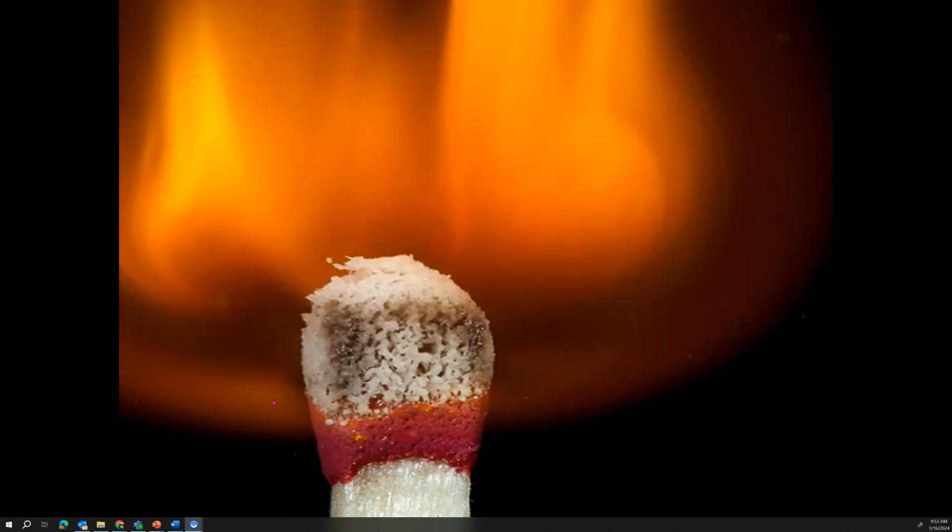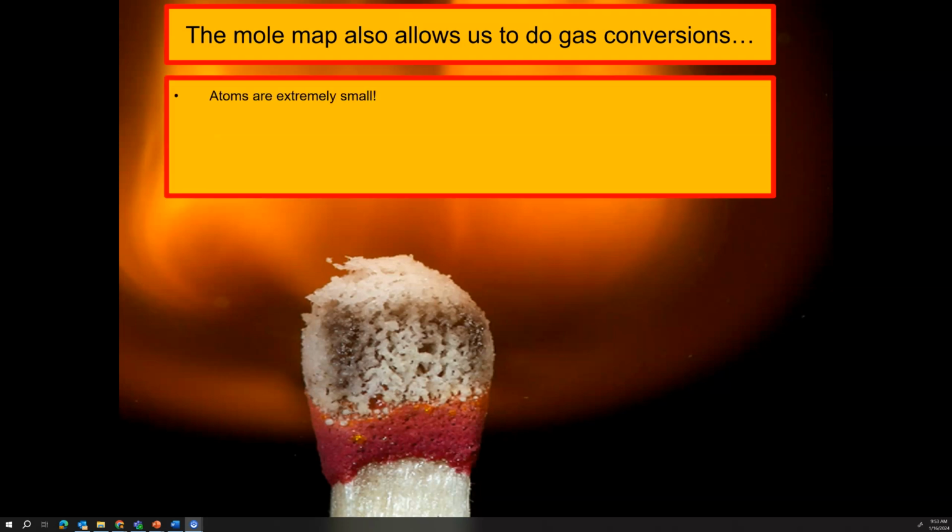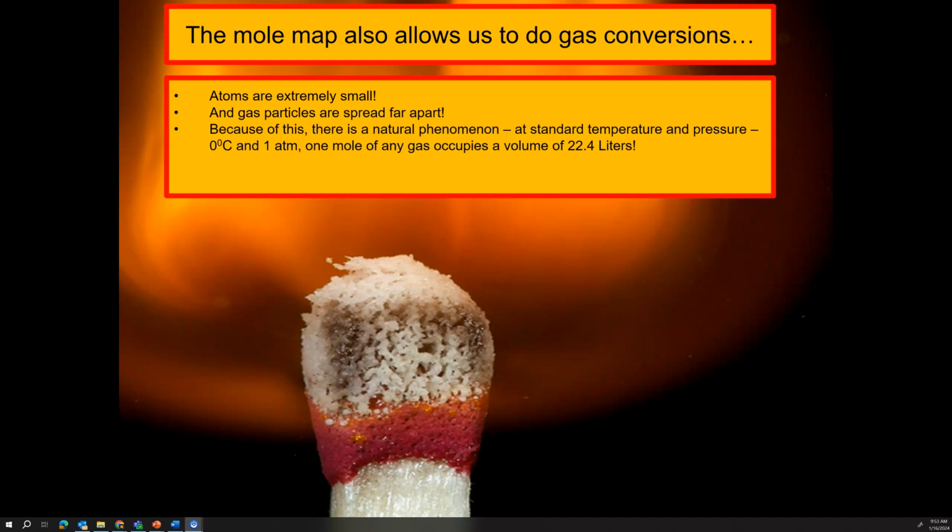So the mole map also allows us to do some conversions, specifically some gas conversions. So atoms are very small. Gas particles spread apart. Because of this, there is a natural phenomenon that at standard temperature and pressure, also called STP, which is 0 degrees Celsius, 1 atmosphere of pressure, with those situations in place, 1 mole of any gas, does not matter what it is, will occupy 22.4 liters.